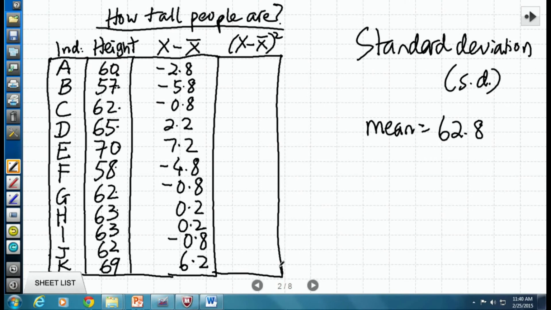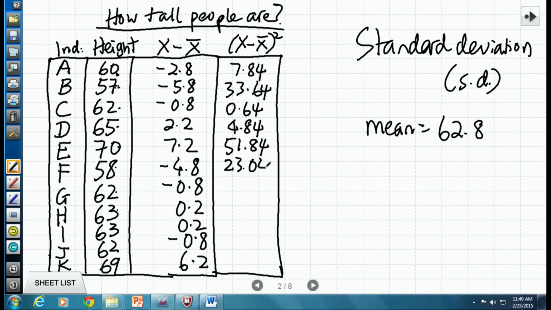So minus 2.8 times minus 2.8 would be 7.84, 33.64, 0.64, 4.84, 51.84, and let me just fill up the rest of the data.